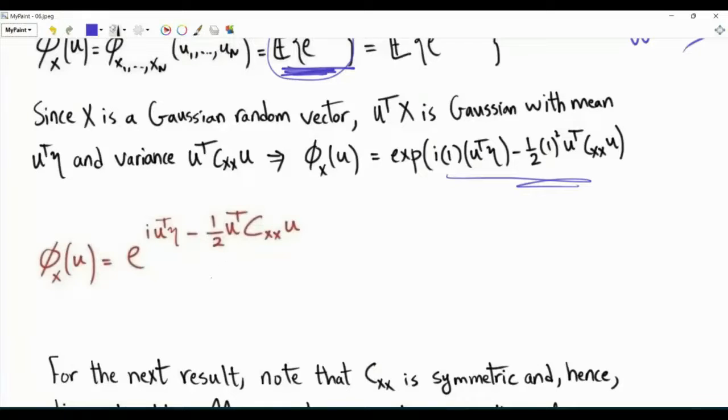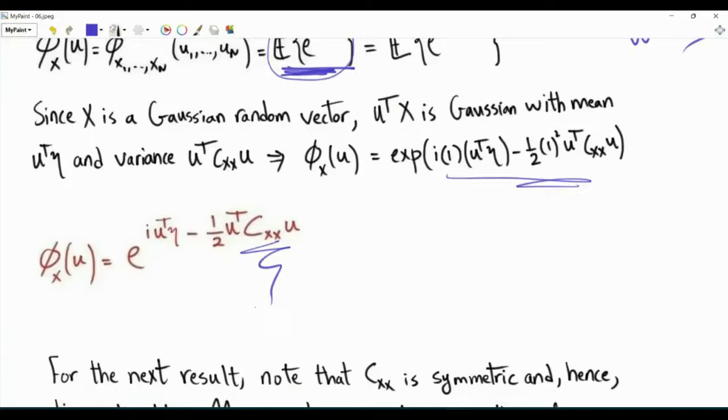Note that in writing the characteristic function, it is not a must that Cxx is positive definite. We know that the covariance matrix of a random vector is, generally speaking, positive semi-definite. So it is symmetric, and its eigenvalues are real valued.